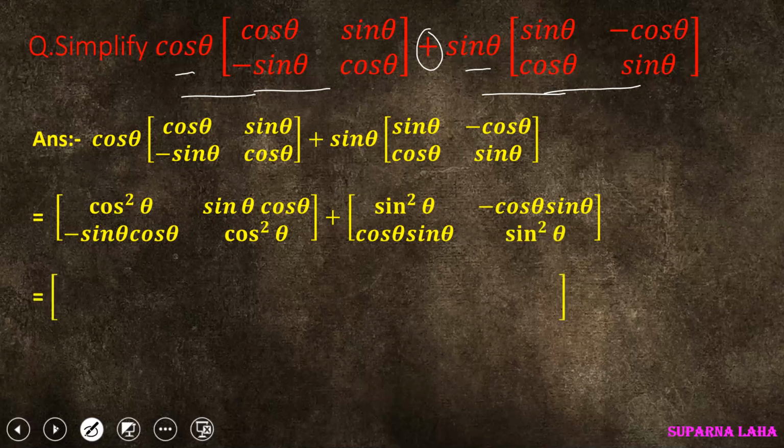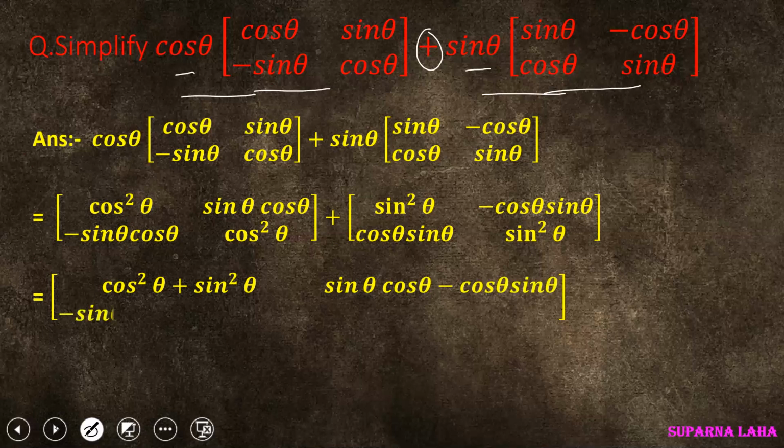Now your next work is to add them. If we add them, the first element is cos square theta plus sin square theta. That means it is 1. Next is sin theta cos theta plus minus, that means minus cos theta sin theta. Next is minus sin theta cos theta and cos theta sin theta.